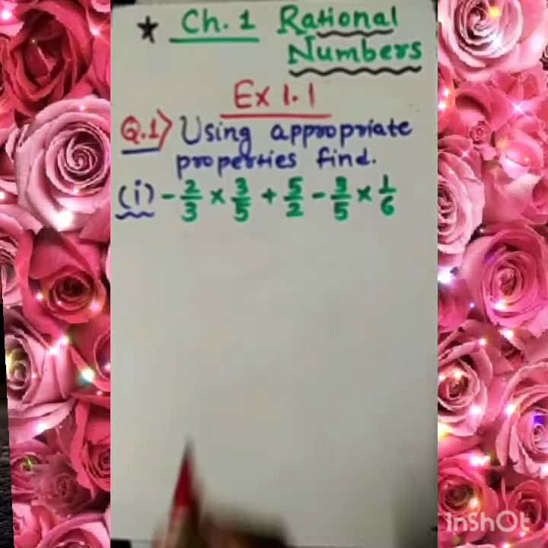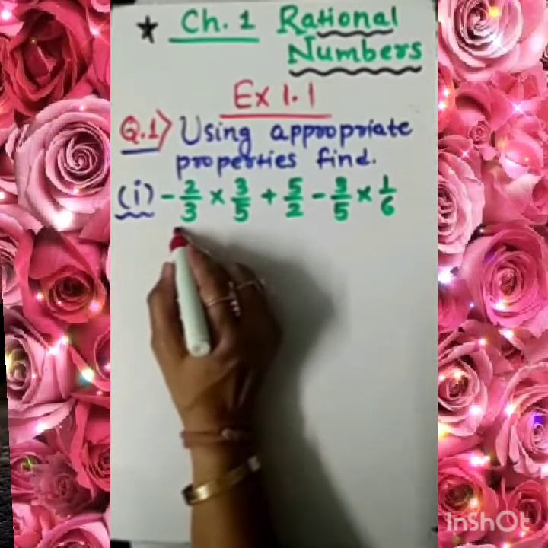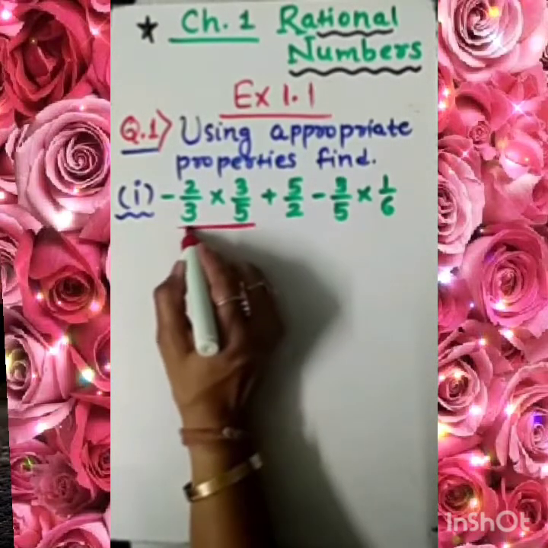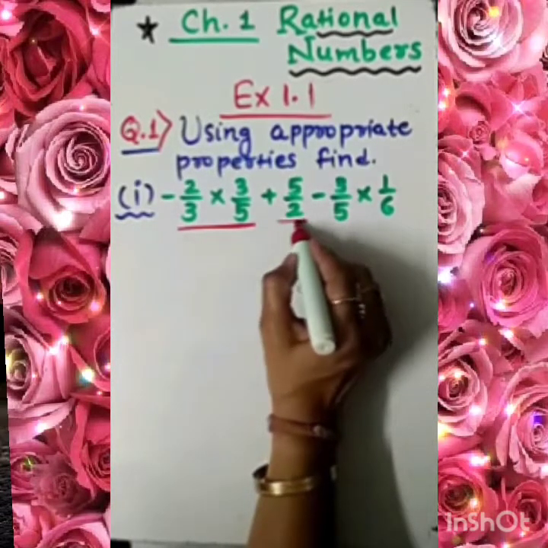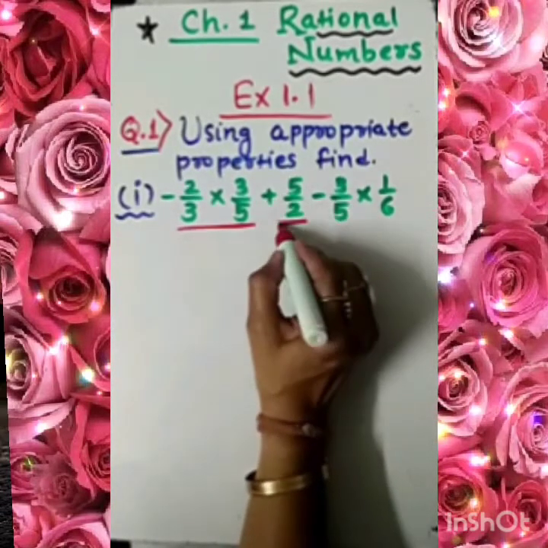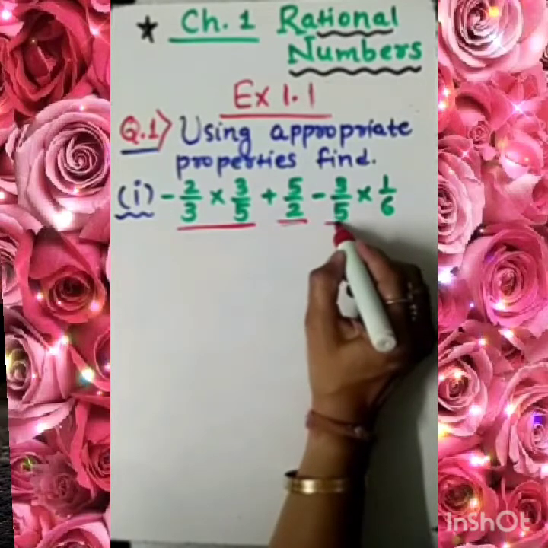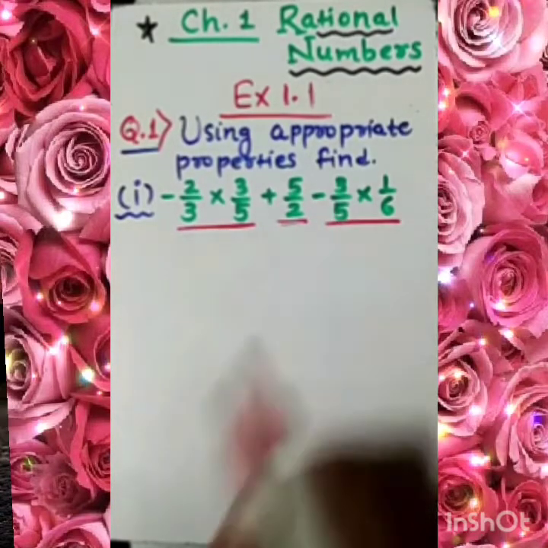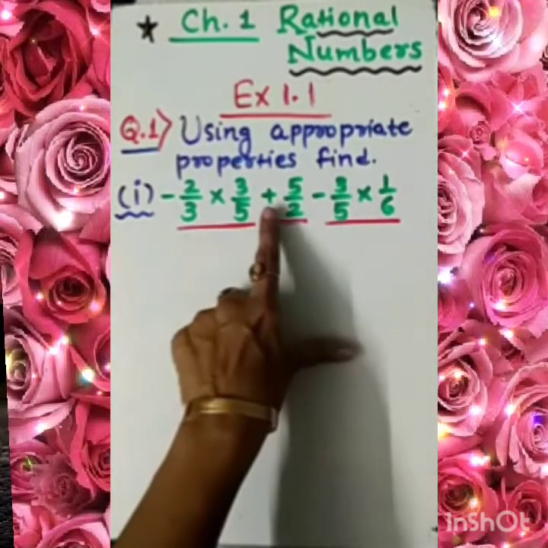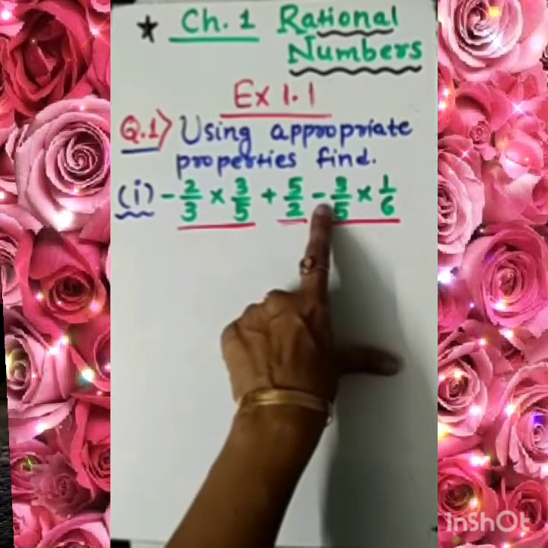Fine. So, dear student, here I am considering this as the first term, separated with plus minus sign. This is the second term, and this is the third. So there are three terms. They can be separated only with plus minus sign.